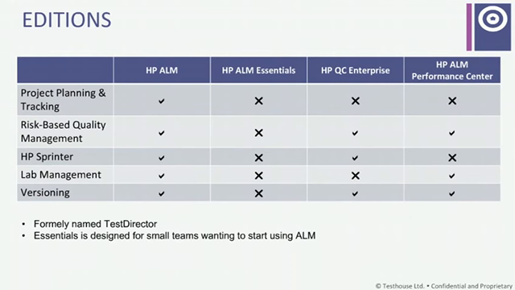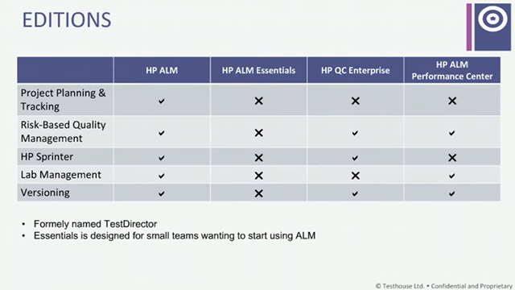HP ALM is the one with all the features, and then you have smaller editions. QC Enterprise is a slightly smaller edition. You have ALM Essentials, which is for small companies or small teams who want to get started with ALM.